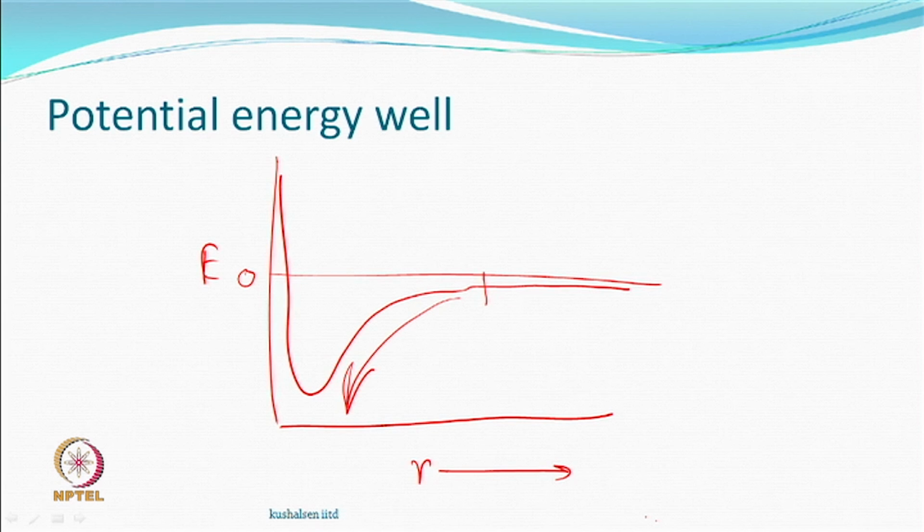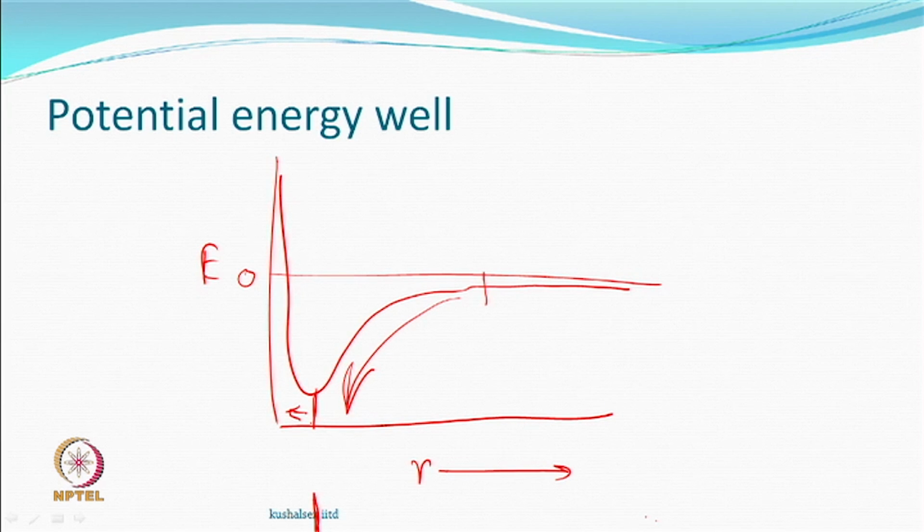If you bring them more close beyond this point, then what happens? There is a repulsion. The electron clouds are there and they repel each other so much that you really have to work very hard to bring them closer.